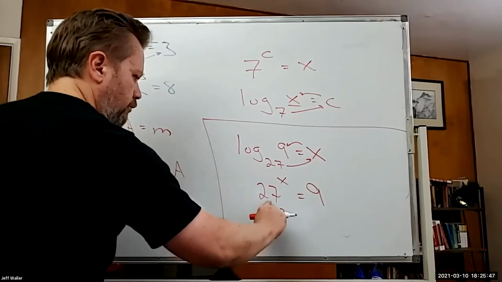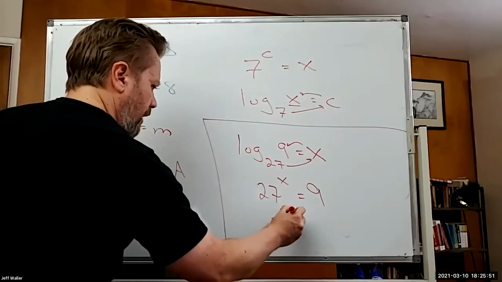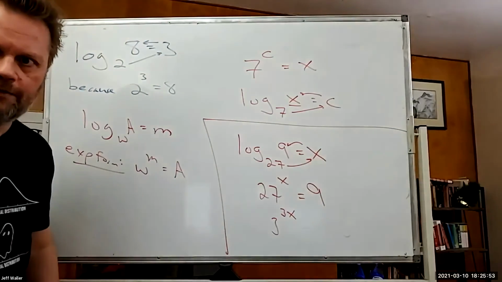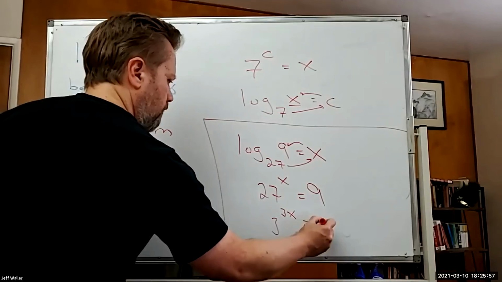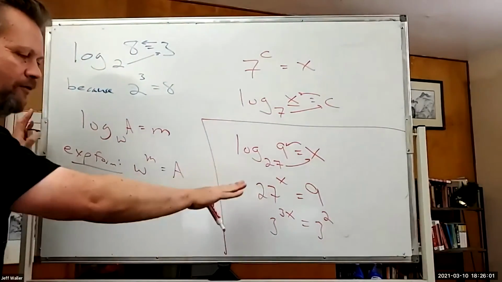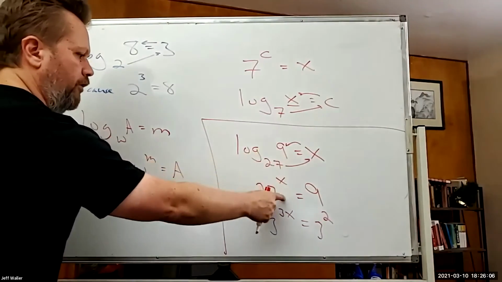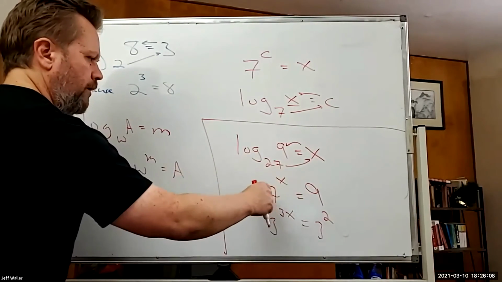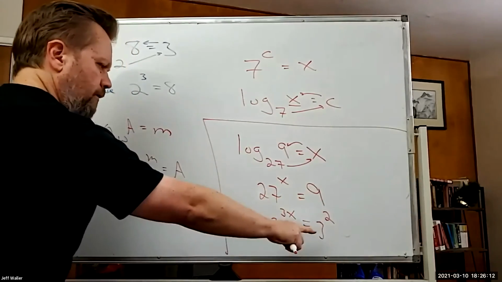27 is 3 to the third, to the X. So I would multiply the powers, so it's 3 to the 3X. And what's 9? 3 squared. Now, let me stop for a minute. All I did was take this funky log and rewrite it in exponential form, and I know this is going to work because these are both based on 3.